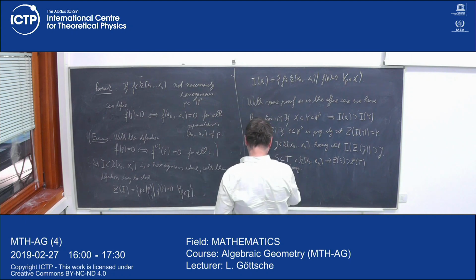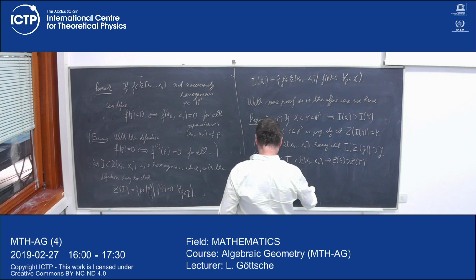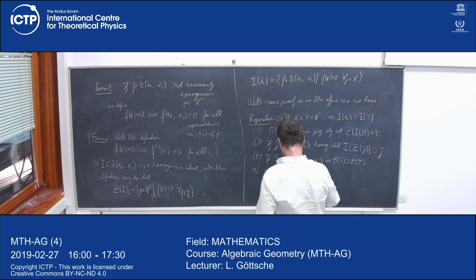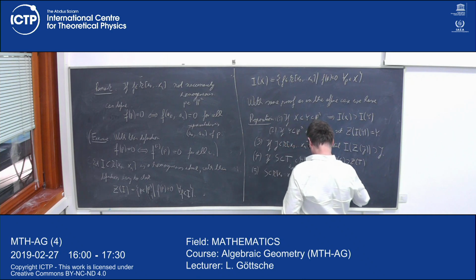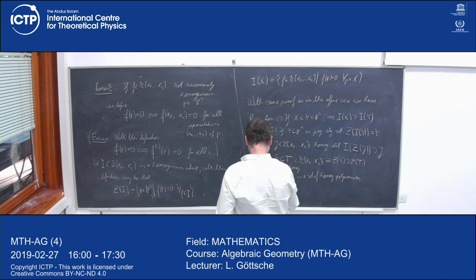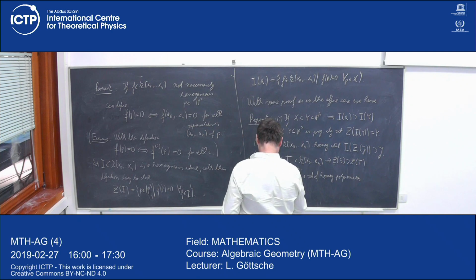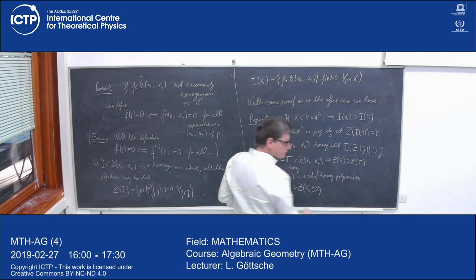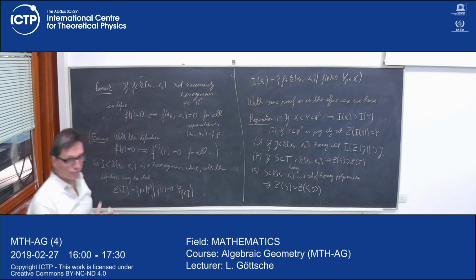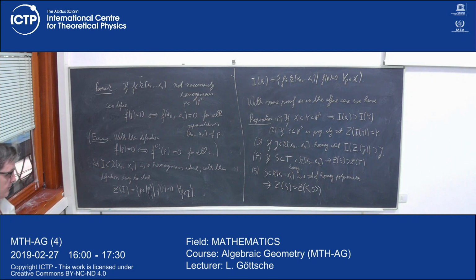So again, if S in K[x0,...,xn] is a set of homogeneous polynomials, then the zero set of S is the same as the zero set of the ideal generated by S. We leave the proof, it works precisely the same way.